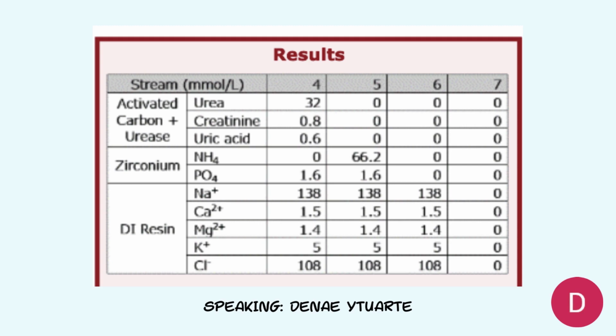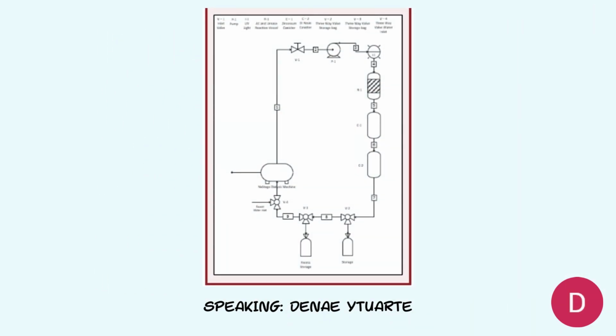Here's a breakdown of our system's operation. Our feed stream is the effluent of the next stage dialysis machine or any dialysis machine. The effluent is first pumped through a UV light filter, eliminating all present bacteria. Next, the stream enters a reactor vessel containing activated carbon and urease suspended in activated carbon. This is where urea, creatinine, and uric acid are treated.